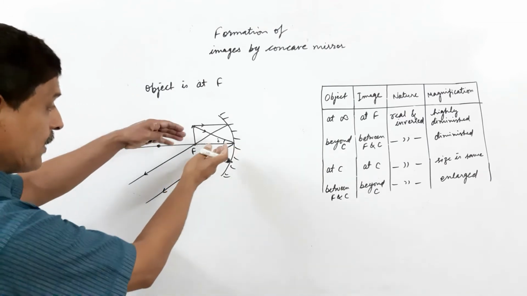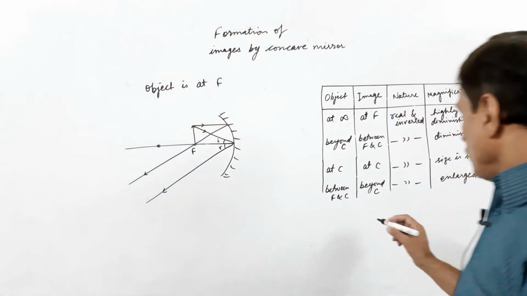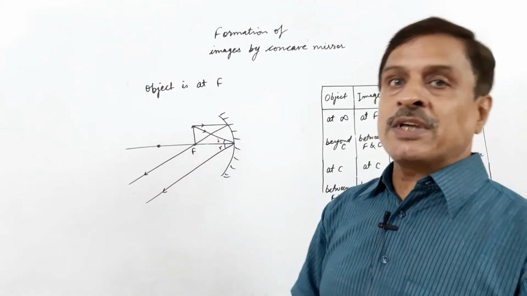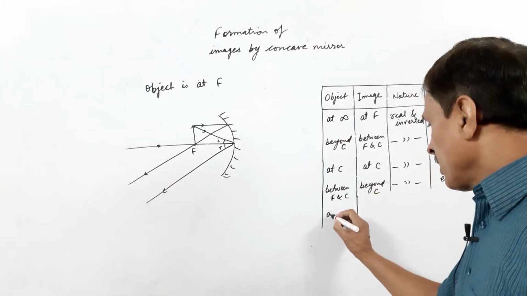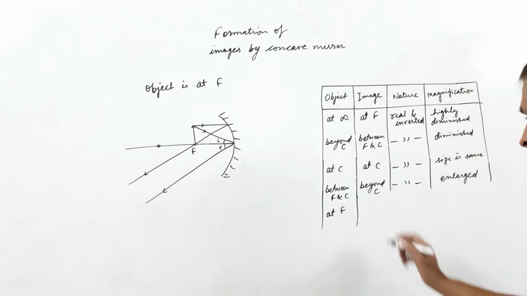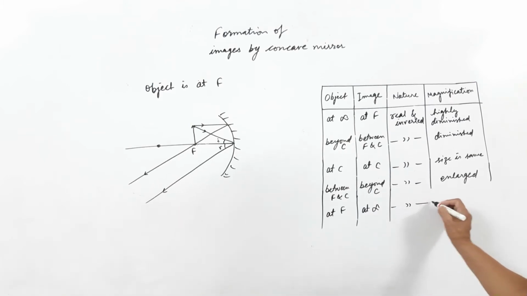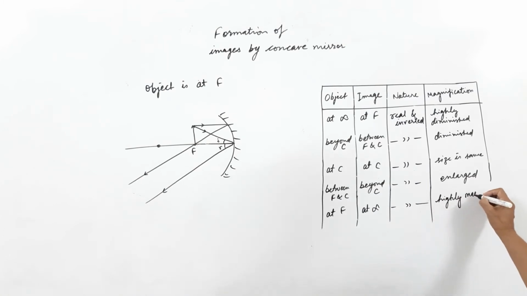We see the two reflected rays become parallel after reflection. So these rays never meet, and thus we can say the image is formed at infinity. So here at F, object; at infinity, image. It is real and inverted, and it is highly magnified.